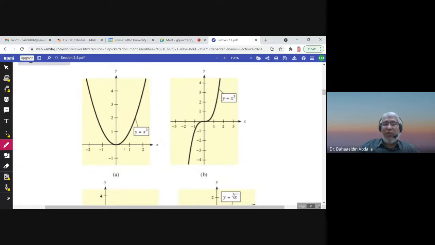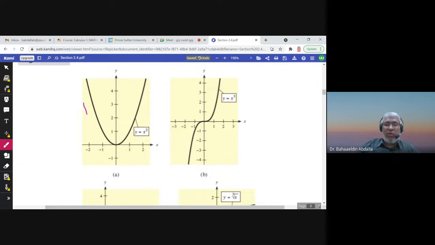X to the power 4 would be similar to x squared. It will go just like this, flatter than x squared. X to the power 6, x to the power 8 are all also similar to x squared, just flatter, and they come closer to the y-axis.